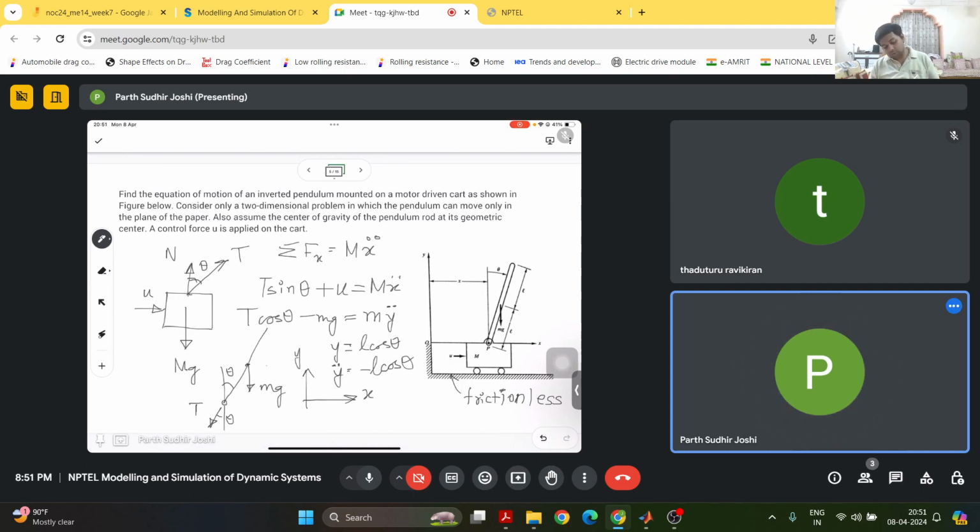And the equation of motion similarly along the x direction will be basically minus T sine theta is equal to m, the position of the center of mass of the rod, which is basically x plus L sin theta.